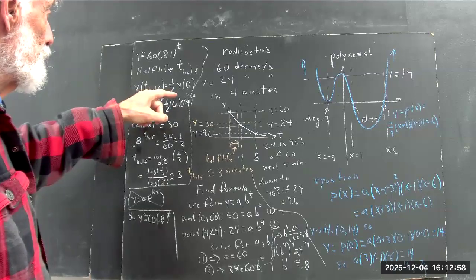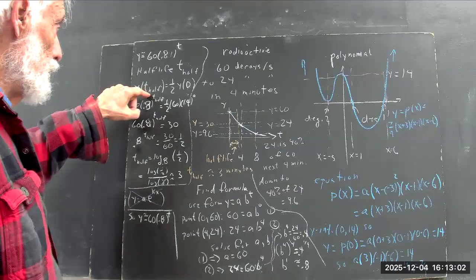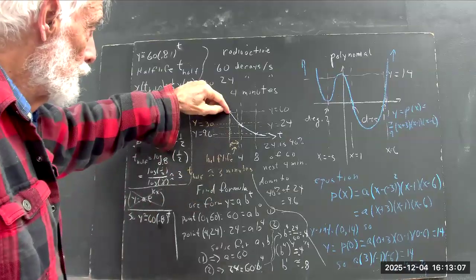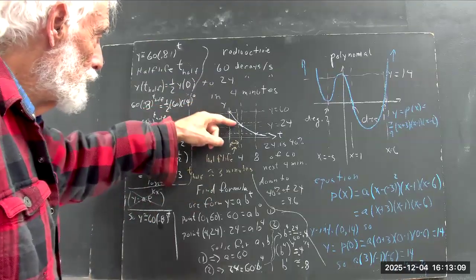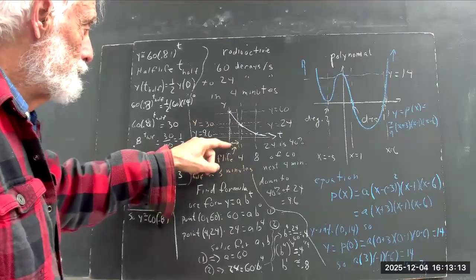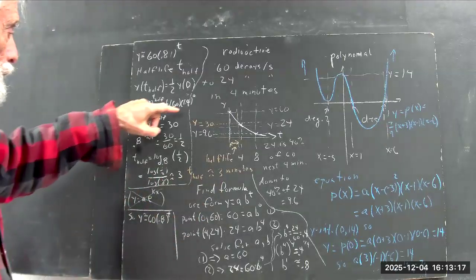Then y at the half-life will be 1/2 of y at t equals 0. At t equals 0, y is 60. At t equals t half, y is going to be 30, whatever the half-life is. Okay, so we solve this.